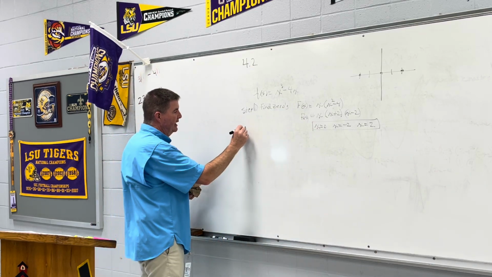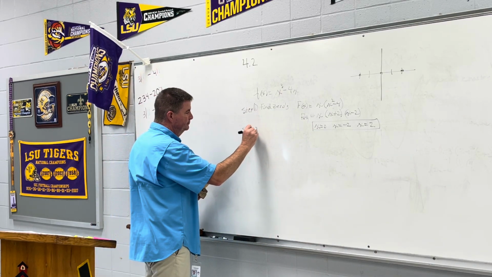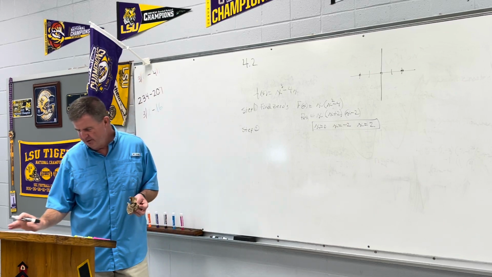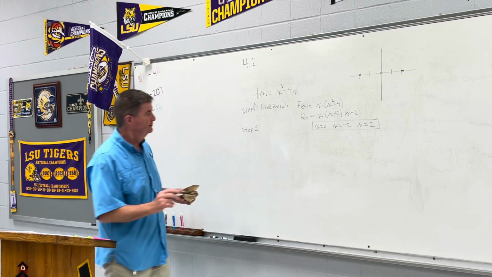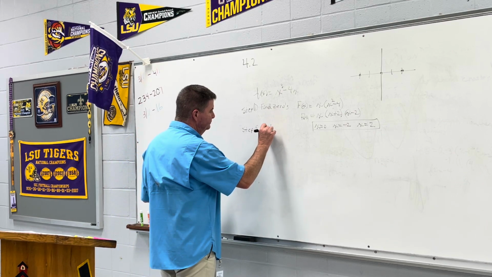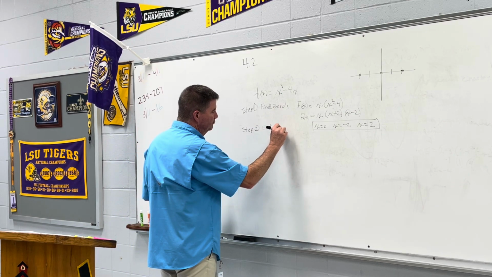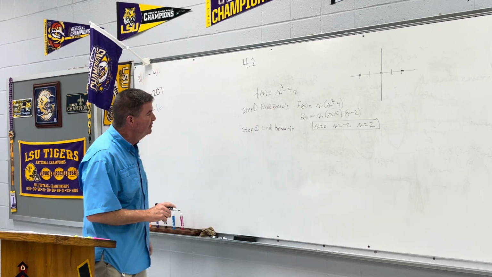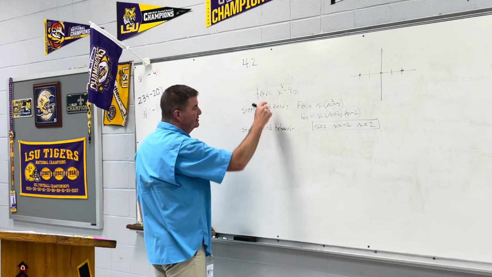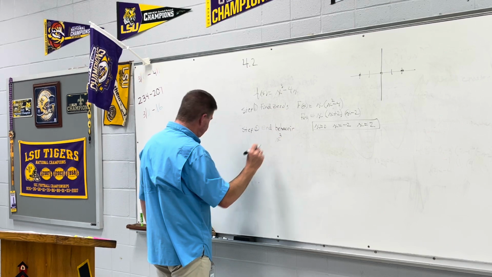Okay, now we're at step 2. Step 2 is going to be the end behavior. The end behavior in this case, we're going to look at x to the third.